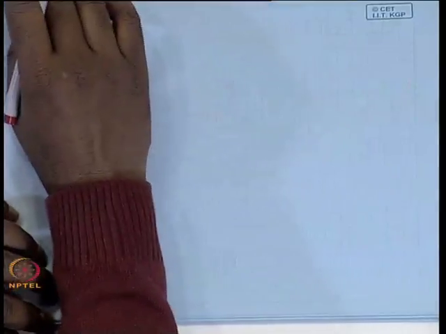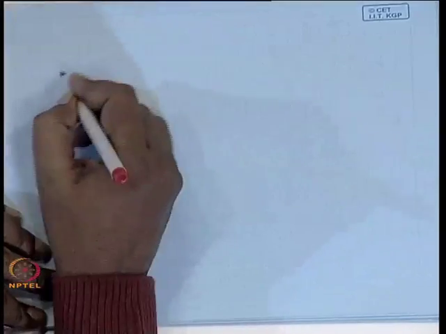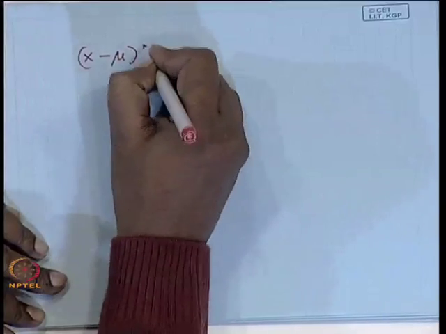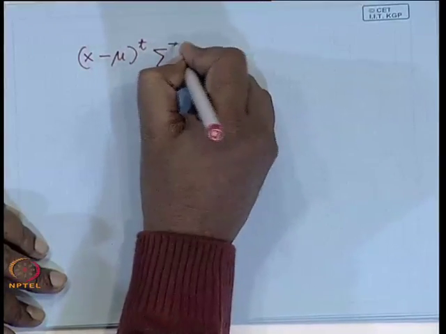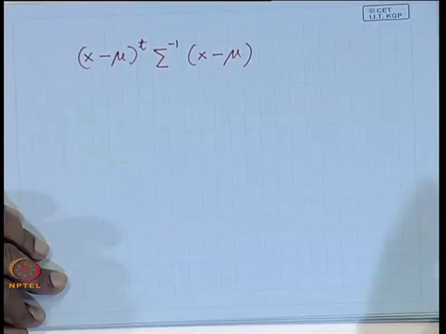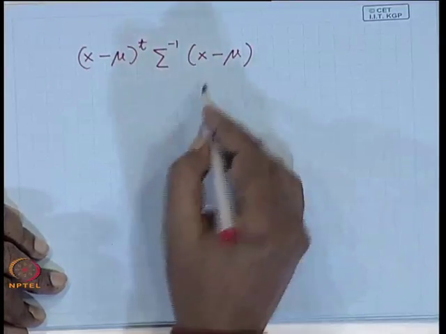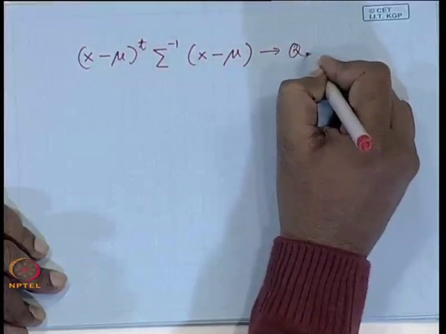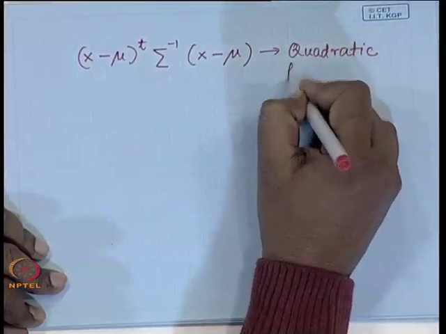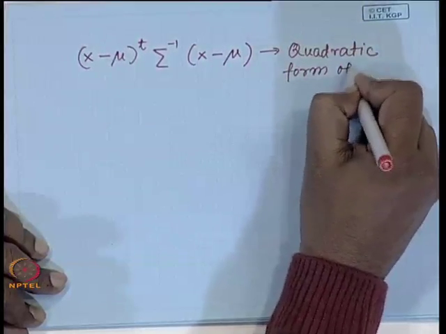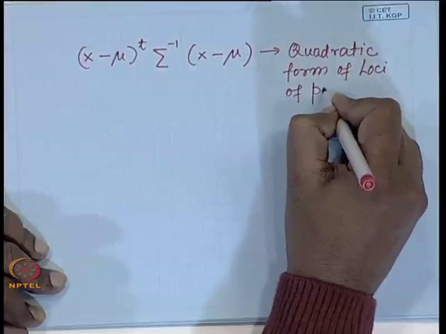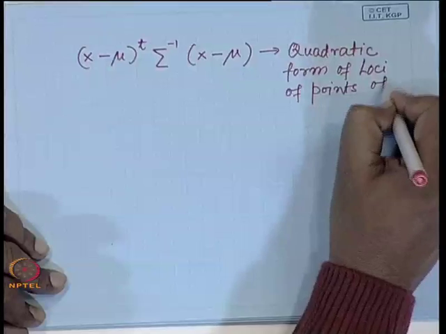Okay. And this ellipsoid will have a quadratic form, which is given by x minus mu transpose sigma inverse into x minus mu. So, this is the quadratic form of loci of points of constant density.